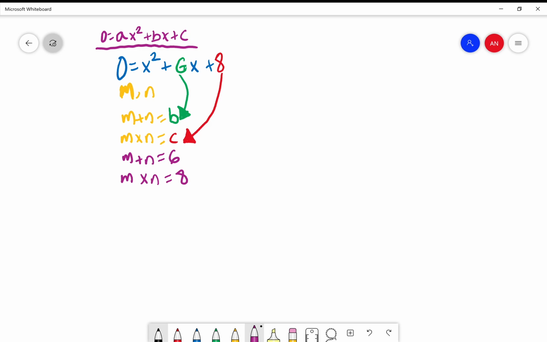Let's create a table. Okay, so the table: product and sum. So the product is 8 and the sum is 6.